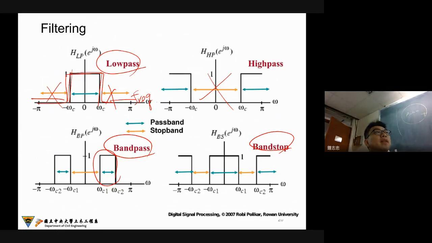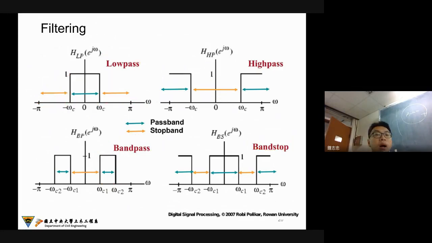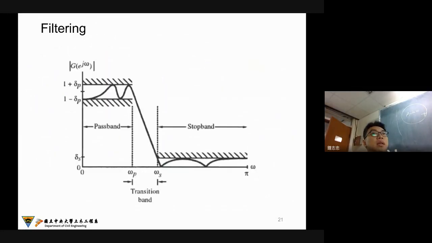A perfect window with a very sharp stop or pass criteria. But somehow, in practice, we only try to mimic the perfect one.